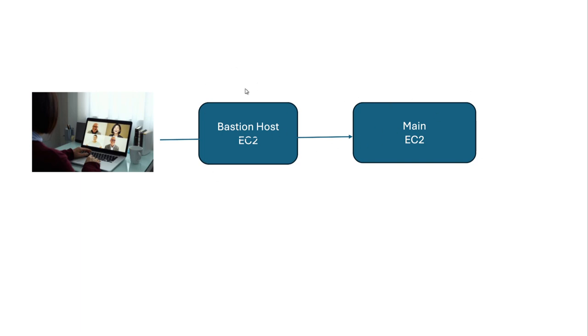Generally, you have a Bastion Host in between, which is another EC2 instance. To connect to the main EC2 instance through SSH, you first connect to this Bastion Host, then from the Bastion Host you connect to your main EC2 instance. Now let's go to our AWS console and see the demo.